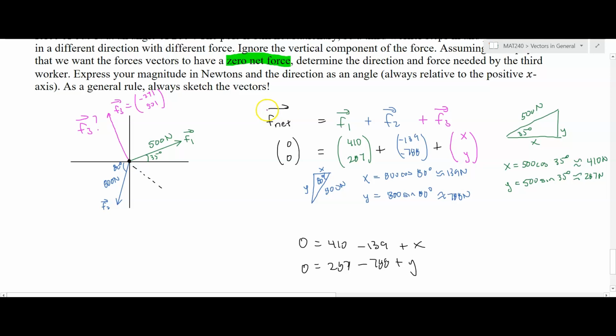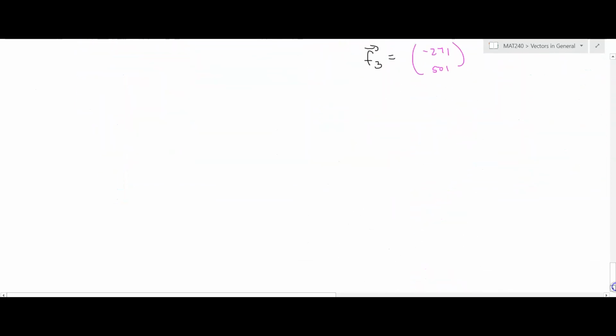So the direction that I would now find for that vector and the magnitude of that force, so negative 271, 271, and 501, those are just the forces. Again, we ignore the signs of it.